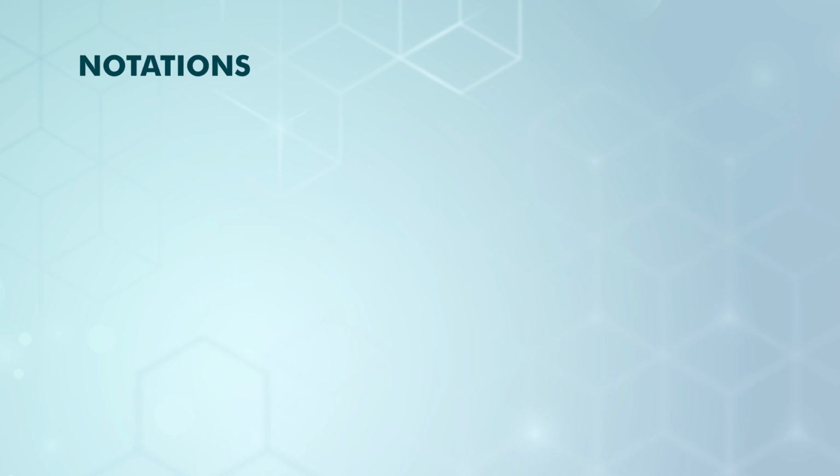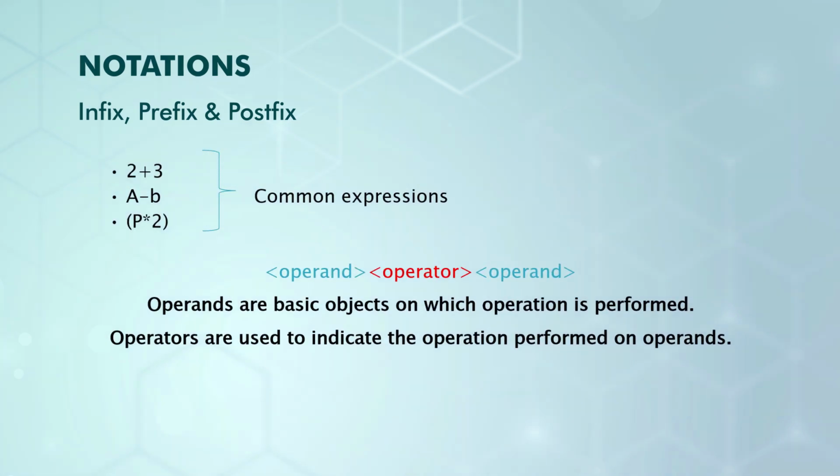We know that there are three notations for expressions: infix notation, prefix notation and postfix notation. In any arithmetic expression or mathematical expression, operands and operators are used. Operands are the basic objects on which operation is to be performed.